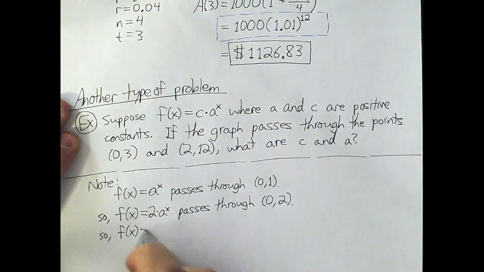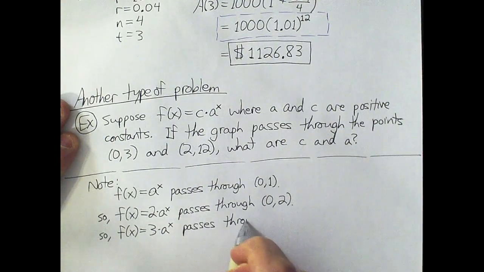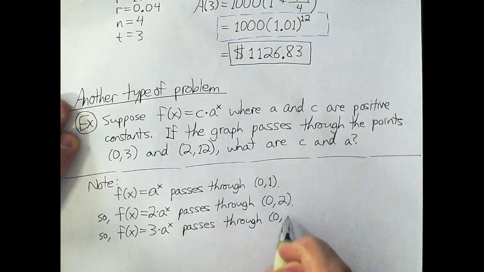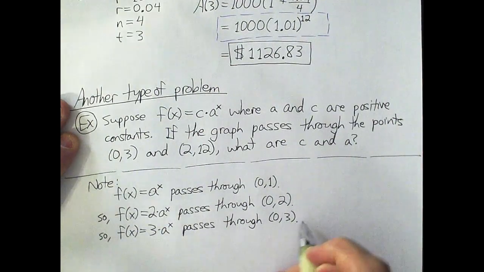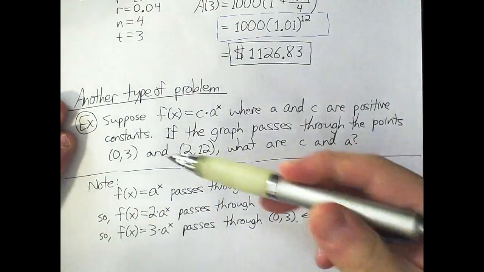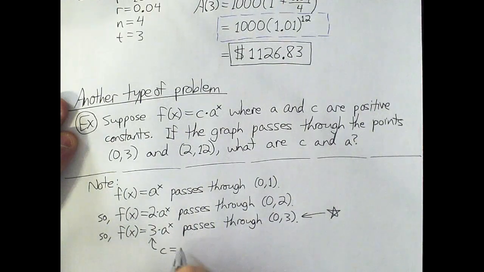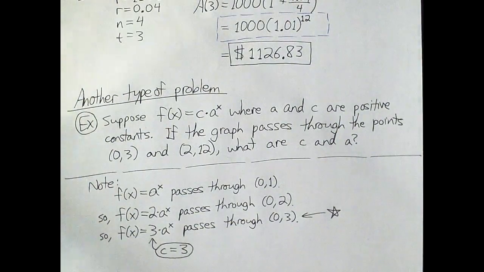If we had a 3 out front, I would expect that to pass through 0, comma 3. And that's exactly what we wanted, right? This graph does pass through 0, comma 3. So from that, I'm getting c is 3. That's half of the answer.